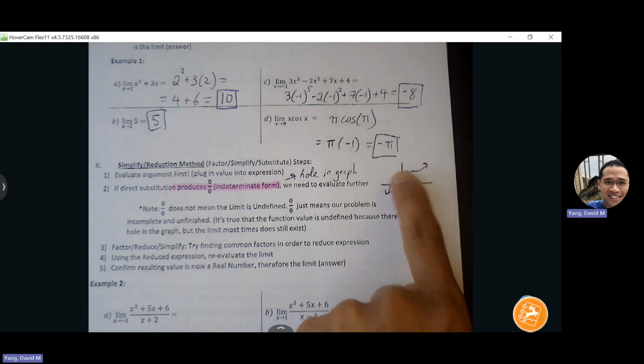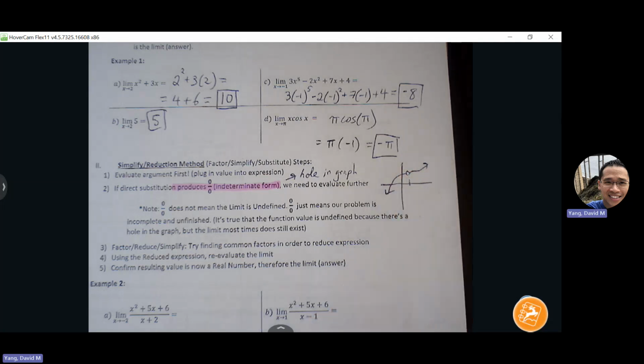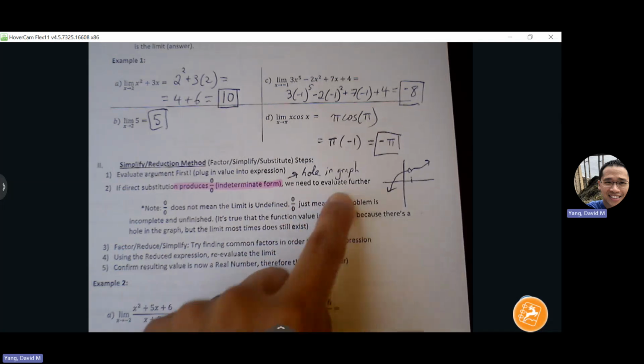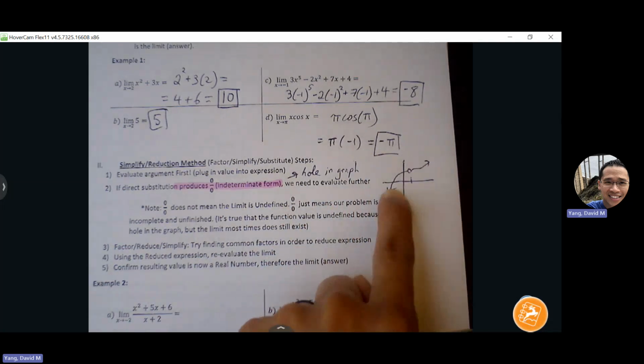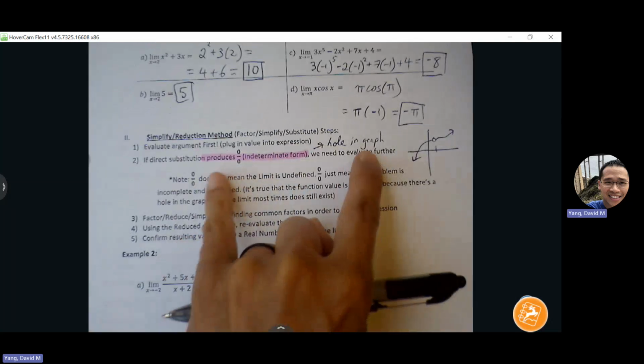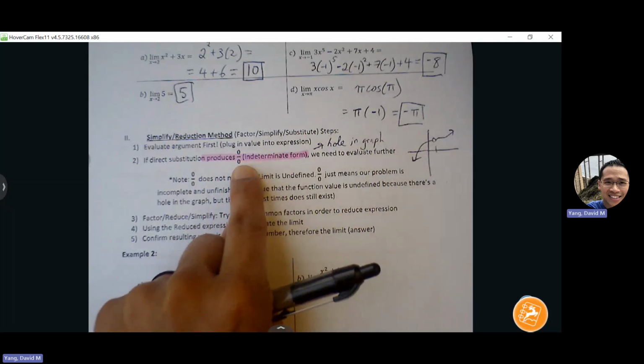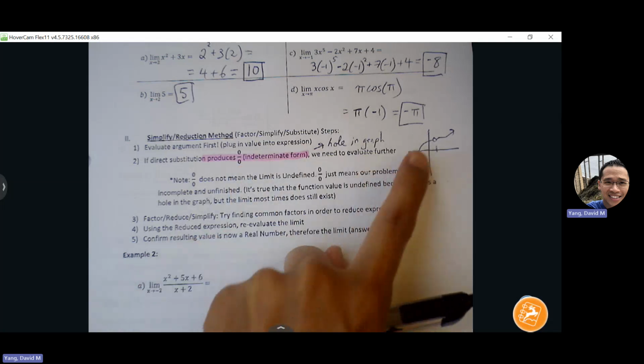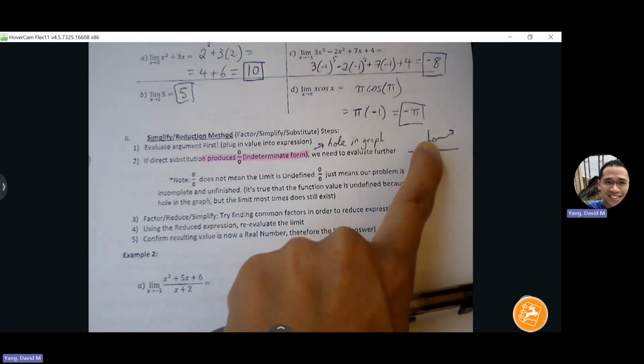Yes, because if I pick points on either side of my target, my arrows are going to head towards the same y value, and the limit does exist. But we're going to try to do this without looking at the graph. So the algebraic way of telling us that there's a hole in the graph is seeing that 0 over 0. So if you see 0 over 0, you know that the point doesn't exist, but the limit does exist.